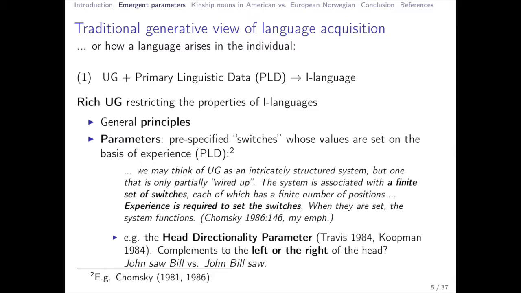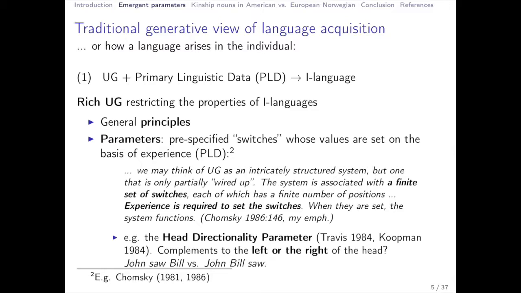It's a mental object, so this picks up on Lauren's talk, actually. In this model, we have a title-rich UG, which restricts the properties of a possible I language. UG consists of general principles, which will be the same in all languages. Then there are also parameters.